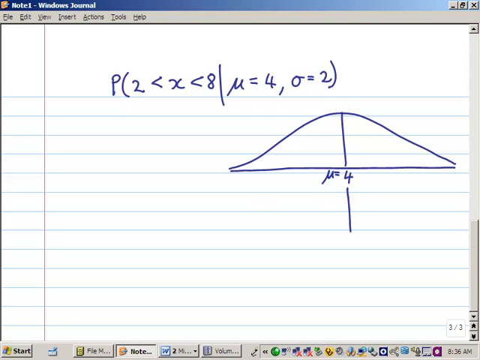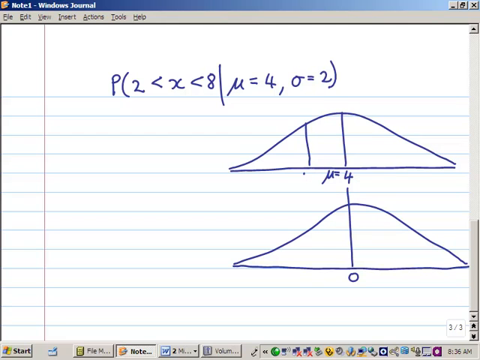We would draw the z distribution that corresponds to that. We're going to go from 2 to 8 in this particular normal distribution, and this time from scratch, using the formulas, we will calculate those z values that I sort of just waved my hands at last time.